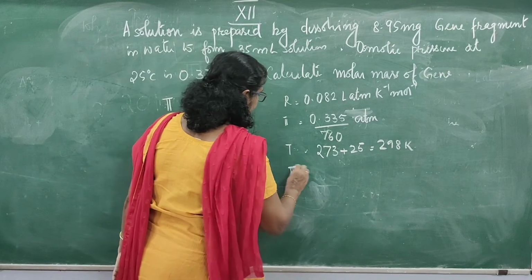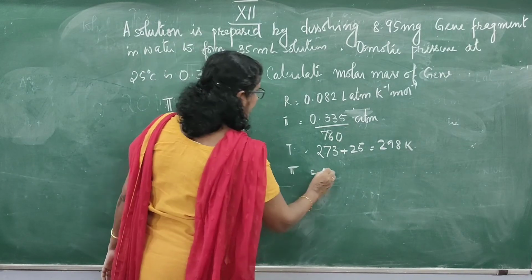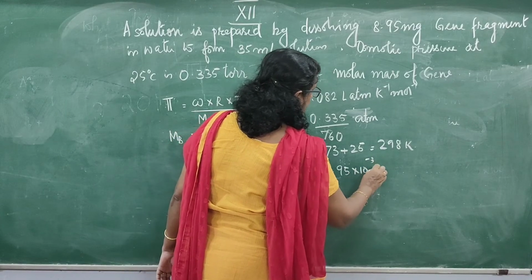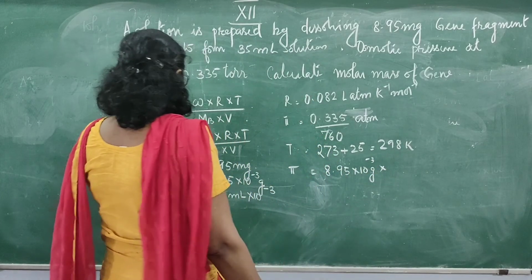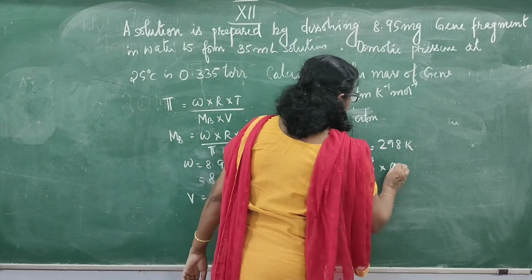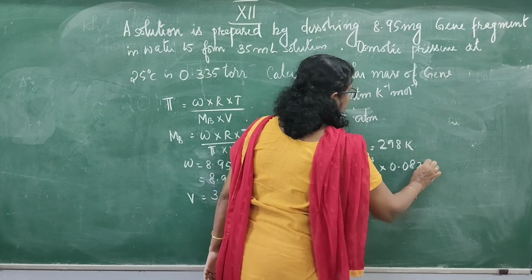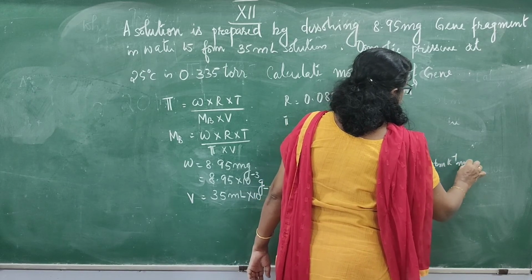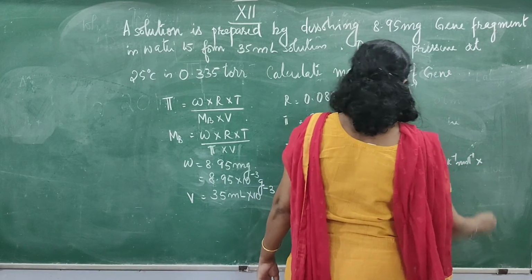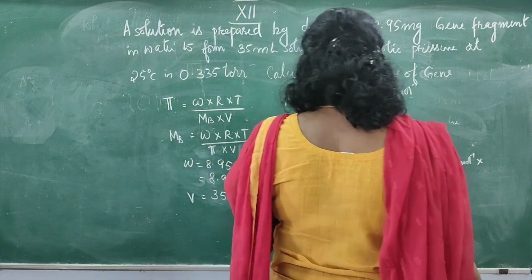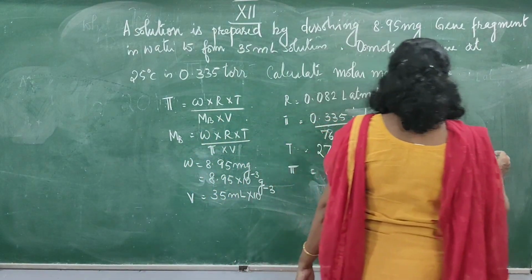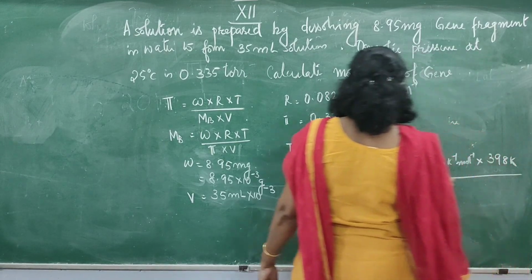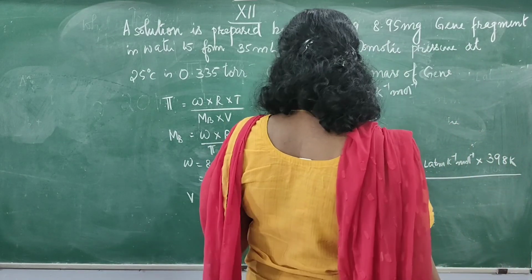M B is equal to small w, what is small w? 8.95 into 10 raised to minus 3 gram, into R value 0.082 liter atmosphere Kelvin inverse mole inverse, then into T, which is 298 Kelvin, divided by Pi.